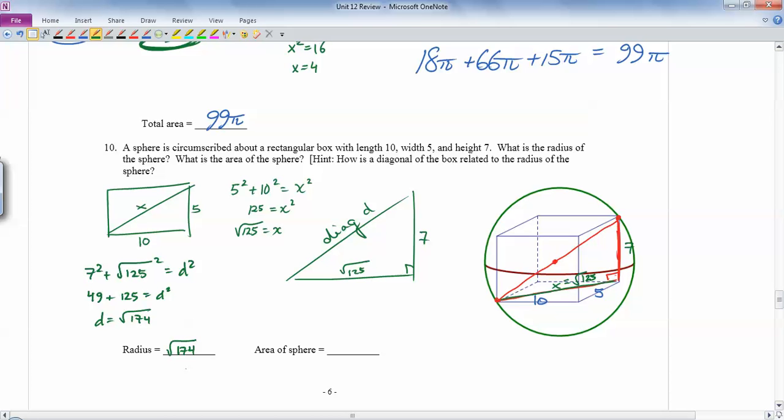So then the area of the sphere, oh, I'm sorry, that's not the radius, that's the diameter. So the radius is root 174 cut in half, which, if you plug it into a calculator, is about 6.595.